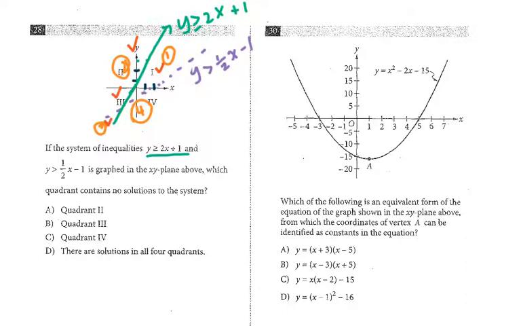Therefore, this region will be the solution. And we have points in the first quadrant and also the second quadrant and also the third quadrant. We don't have any points in the fourth quadrant. So C will be the answer.